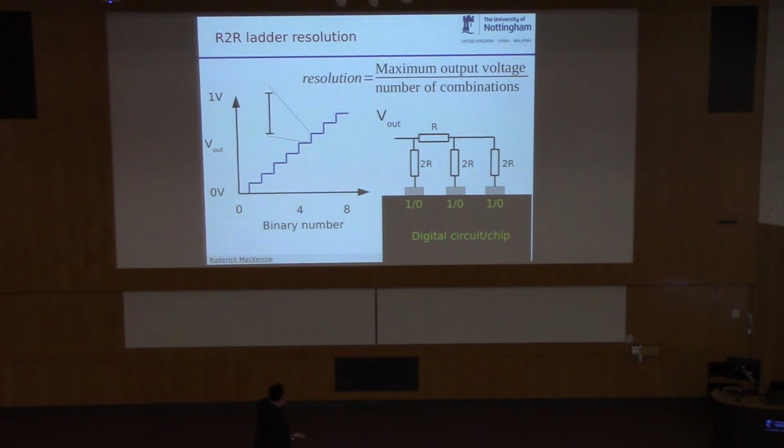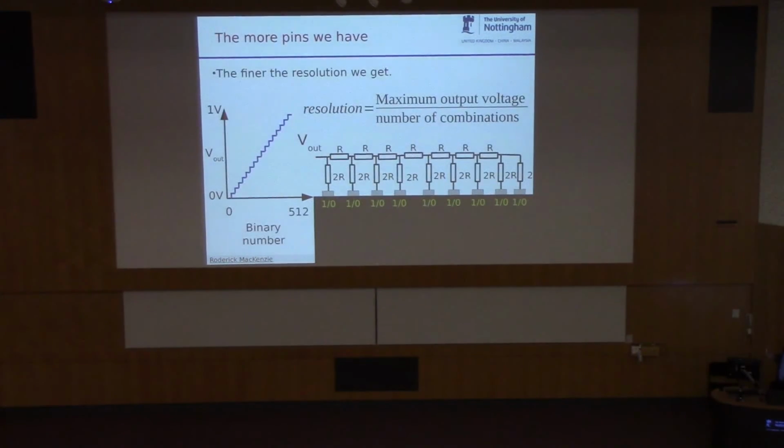But the point is, the more bits you have on your digital to analog converter, the smaller these steps get. So if you have one with a huge R2R ladder, then your voltage step size gets much smaller, and you have a much more accurate converter.